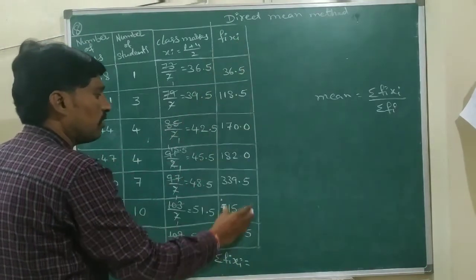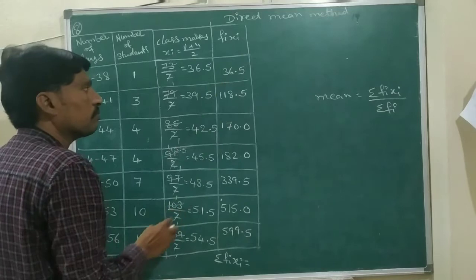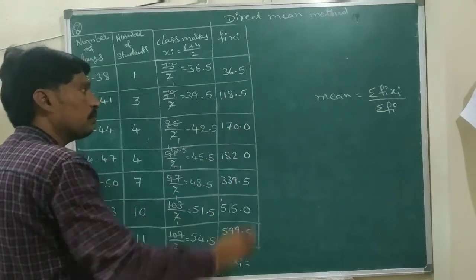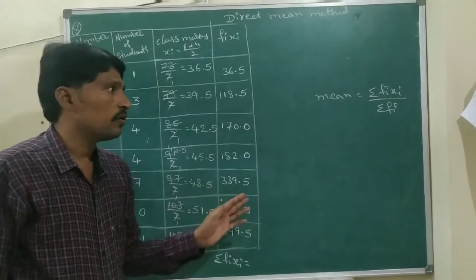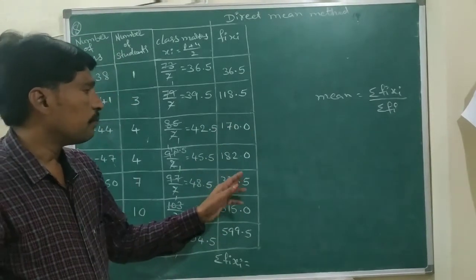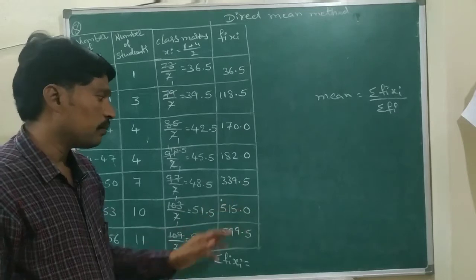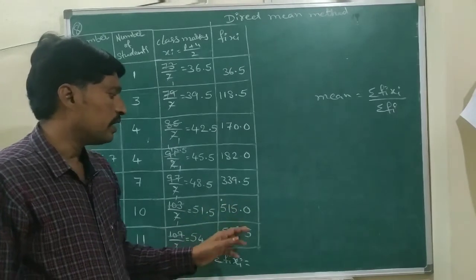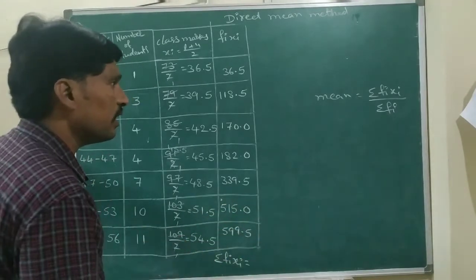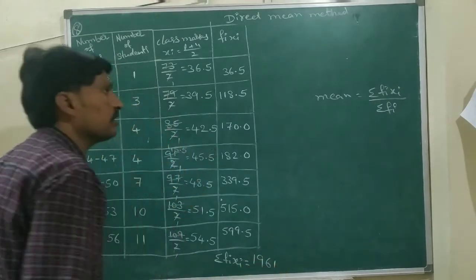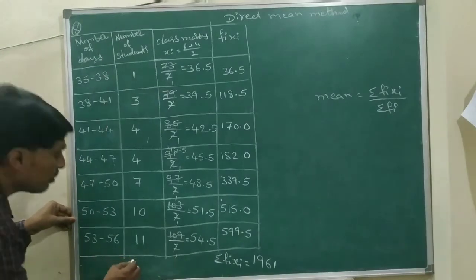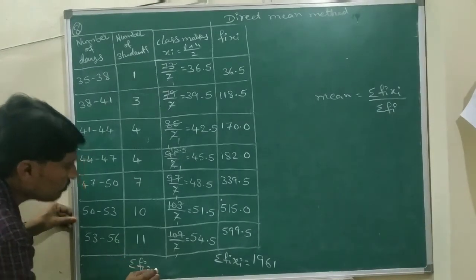We need to add all of these: 36.5 plus 118.5 plus 170.0, 182.0 plus 339.5 plus 515.0 plus 599.5. Adding this total, we are getting 1961.